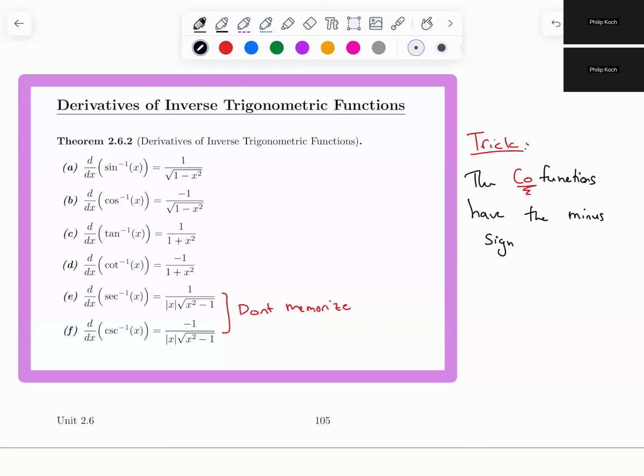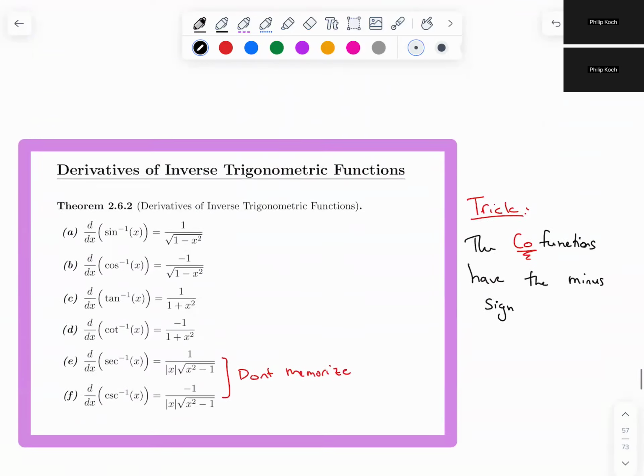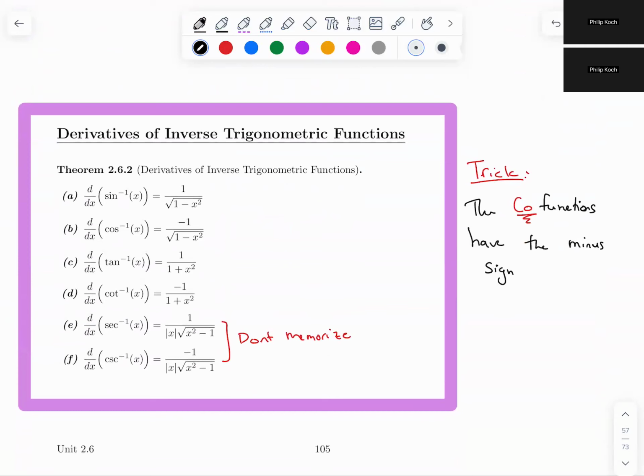The derivatives of the co-inverse functions have the minus signs. So really, all you need to do is memorize the derivative of sine inverse and tangent inverse, and you get the other two automatically, just by knowing that the co-functions have the minus sign. Any questions on that?